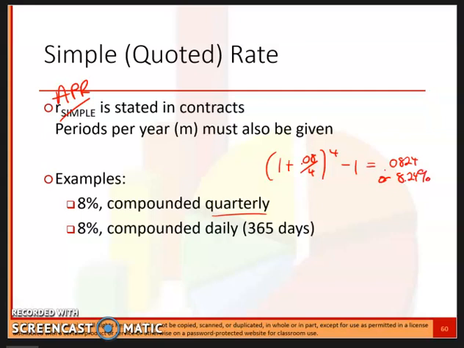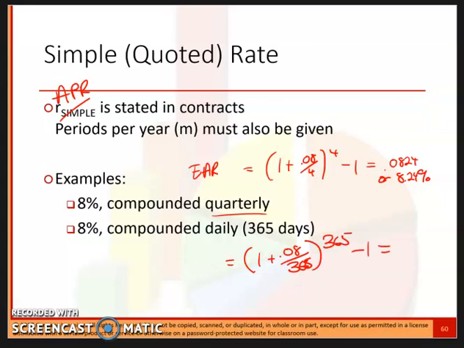If we were to do this using daily compounding, EAR would be 1 plus 0.08 divided by 365, to the 365th power, minus 1.